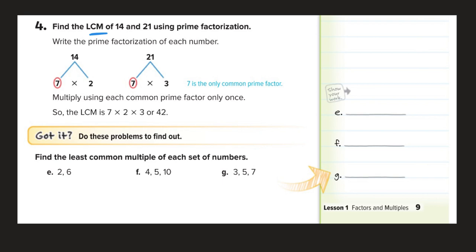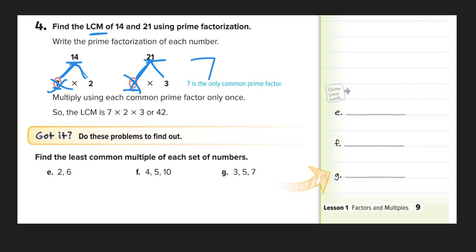Okay, so if I wanted to know least common multiple of 14 and 21, I'd say, well, 14 is 7 times 2. 21 is 7 times 3. Okay, so if I'm going to look, I'd say, hey, look, they both share a 7, just like GCF, write down 1 7.